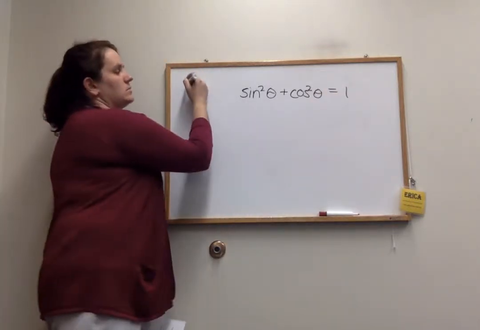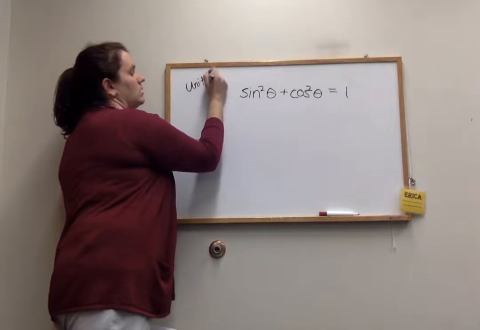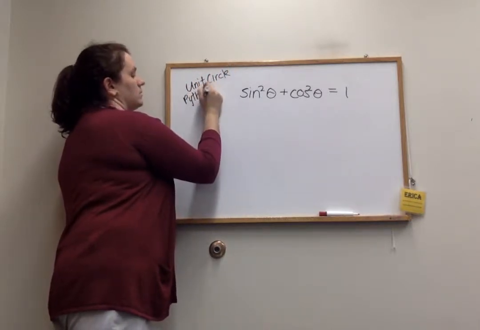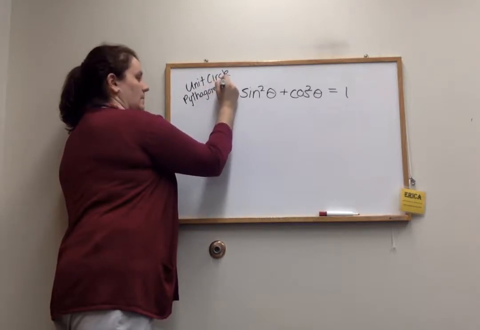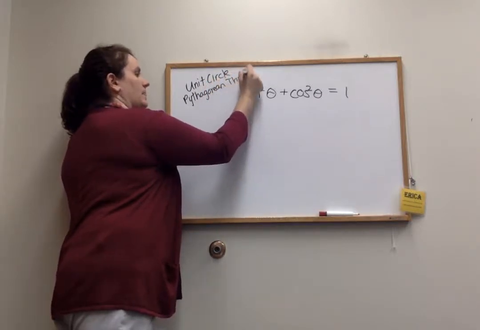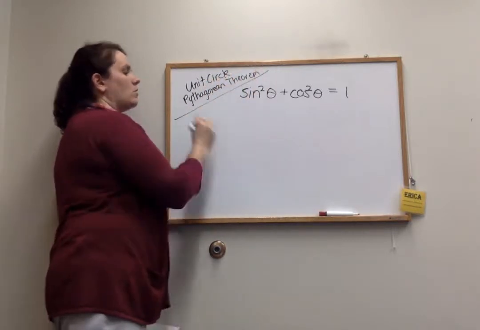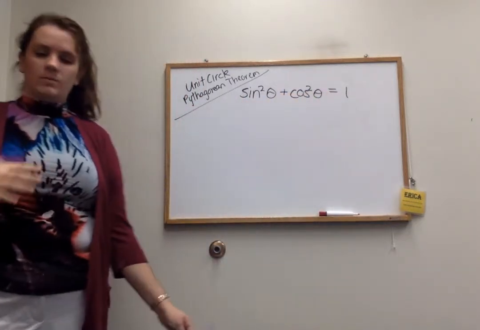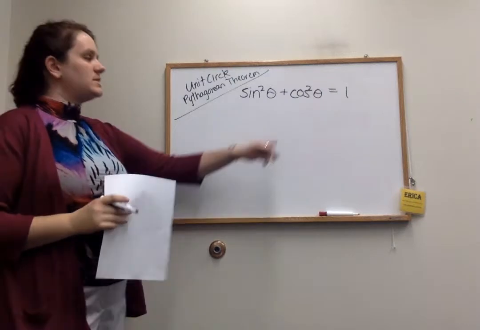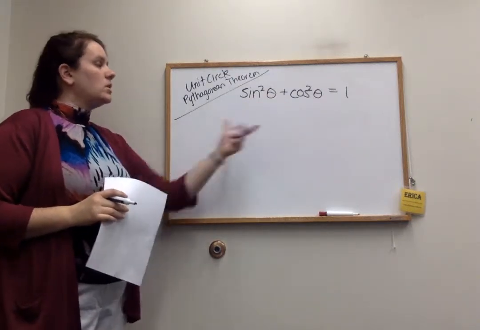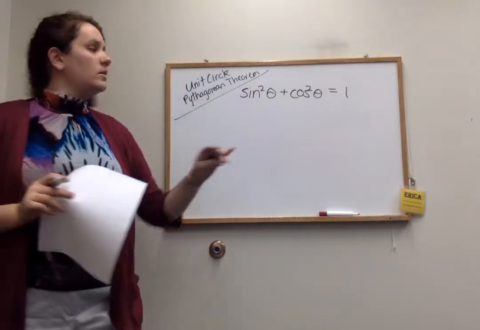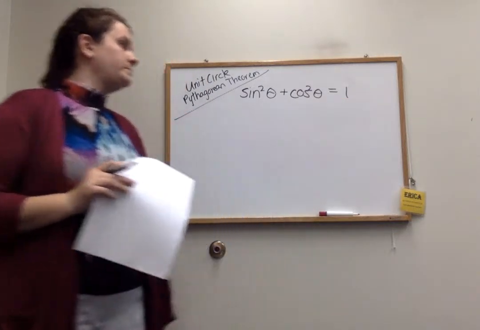So like I said, this is related to the unit circle and to Pythagorean theorem. We can see the a squared plus b squared equals c squared going on with that. This is one very specific derivation of that. So the sine squared plus the cosine squared of any angle is always equal to 1.